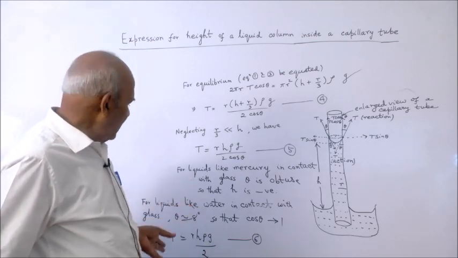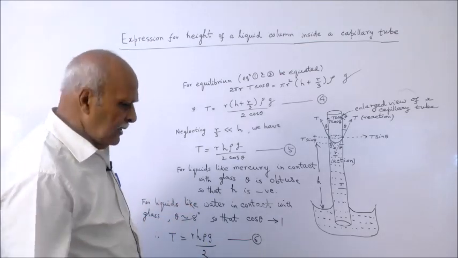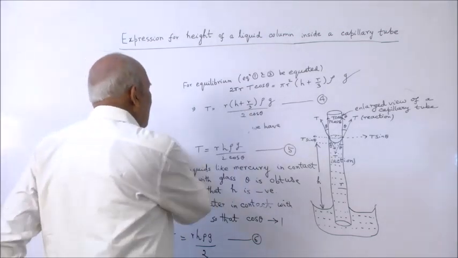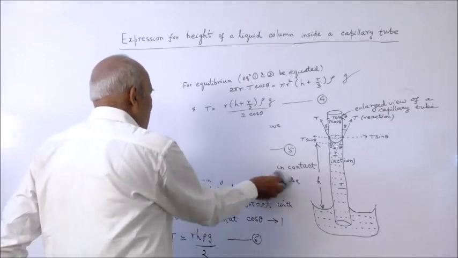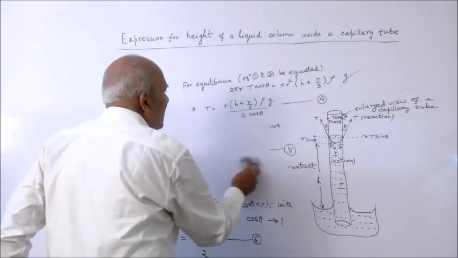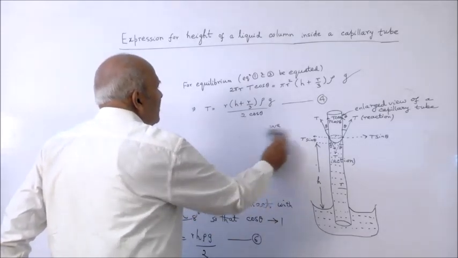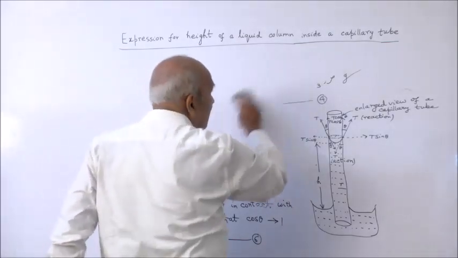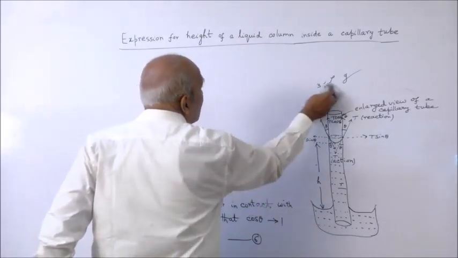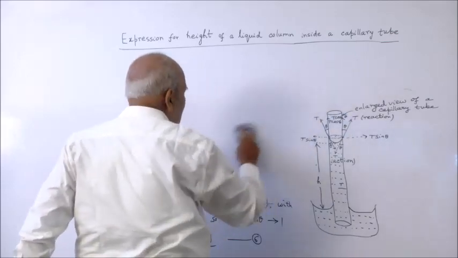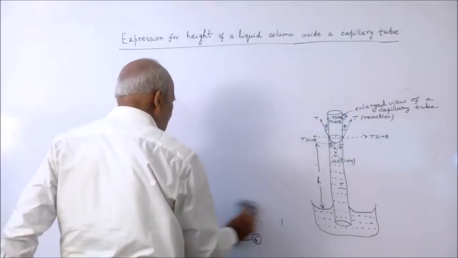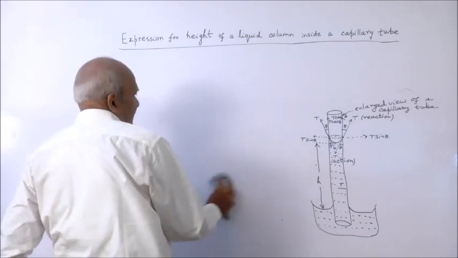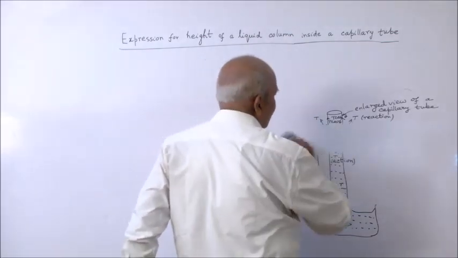Within experimental error, there will be slight difference between the values of T, and one can take the average of those things, and the radius of the capillary tube is also measured with the help of travelling microscope. Here also the heights are measured by travelling microscope, which gives accurate results, and one can find the value of surface tension at room temperature.